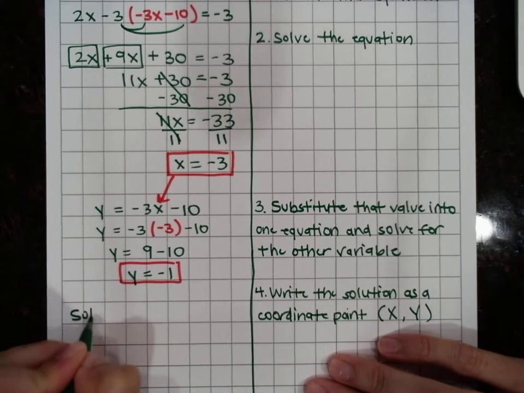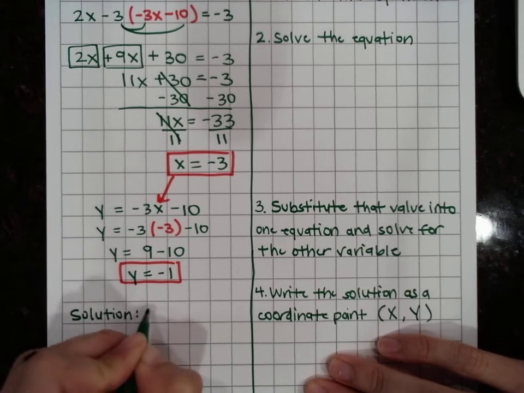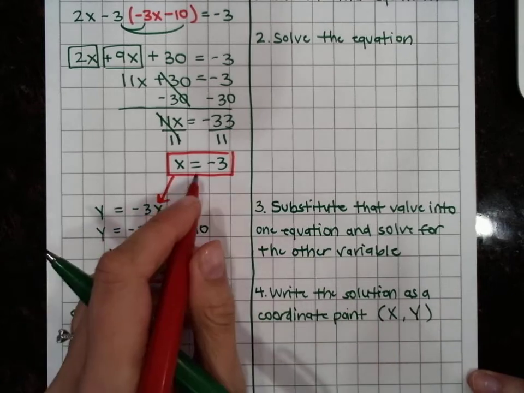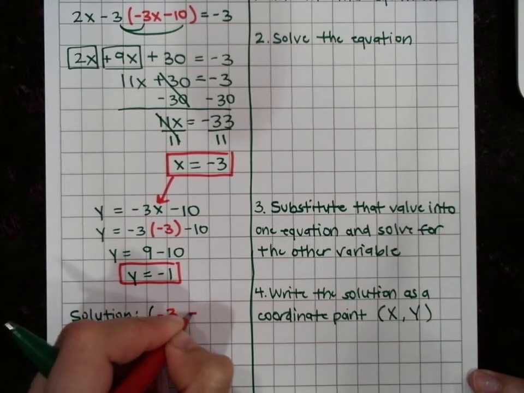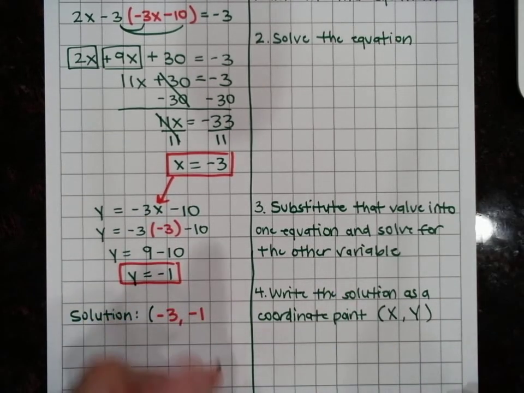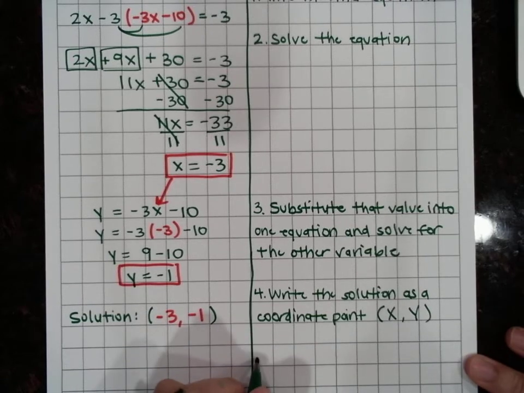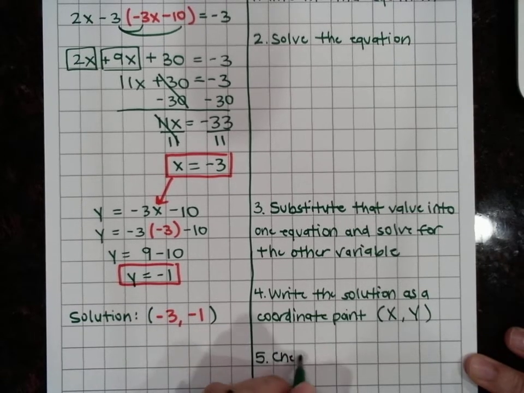So our solution is, remember to write x first, so negative 3, and then y, which is negative 1. And our last step, we're going to check our answer.